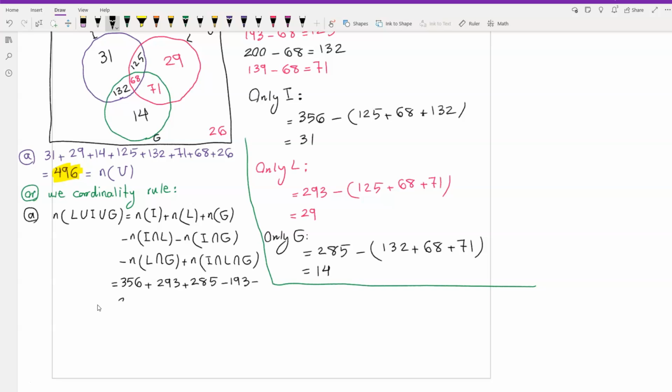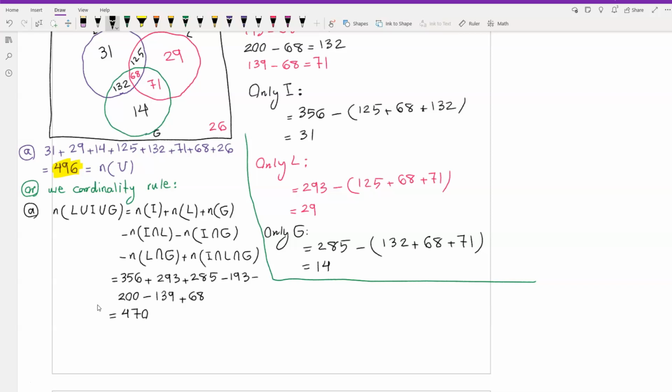So minus 200 minus 139. And then add what we have in common between all these three devices as 68. So the answer for this part is 470. So this is the first step.